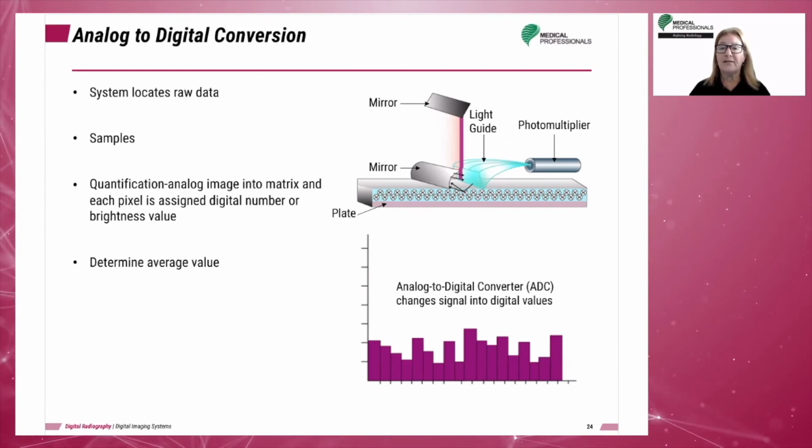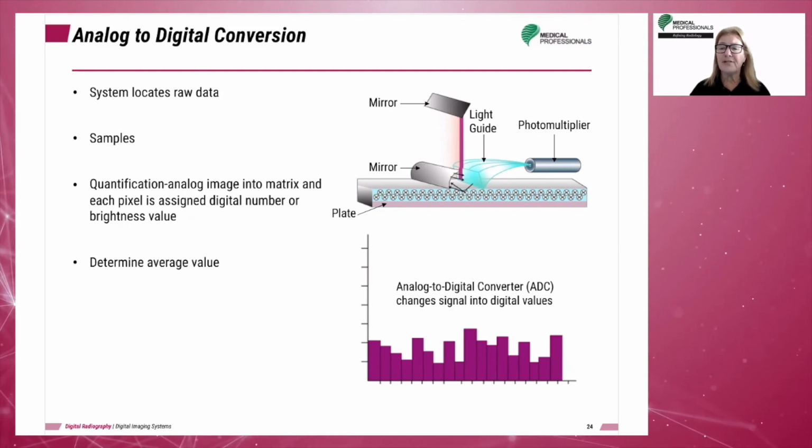In this process, each phosphor storage center is scanned and the released electrons enter the analog to digital converter that divides the analog signal into a matrix. And each pixel in the matrix is assigned a digital, or numerical, or brightness value that represents the light emitted in the amount from the surface of the imaging plate during scanning.